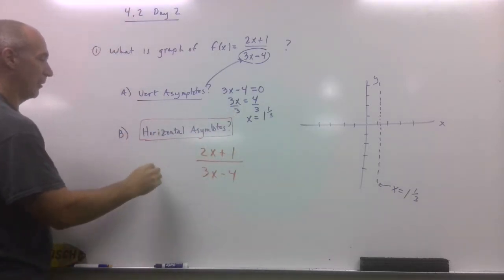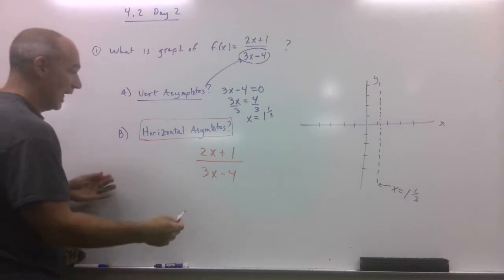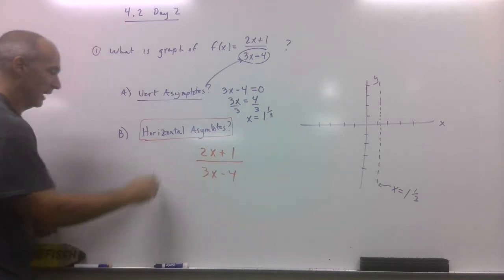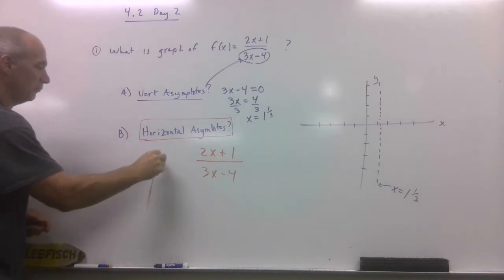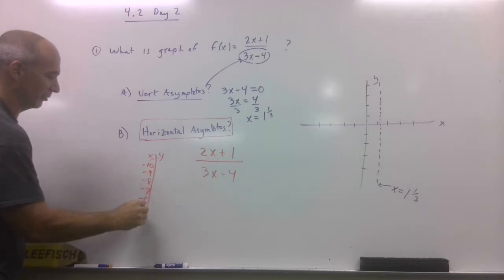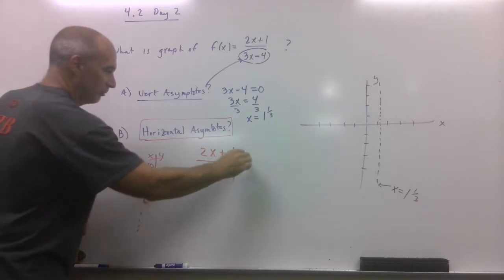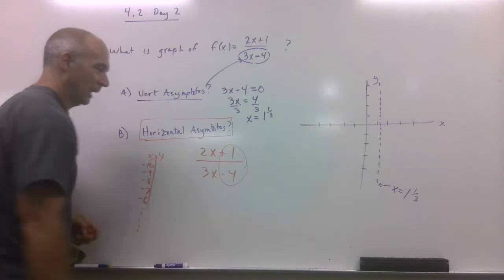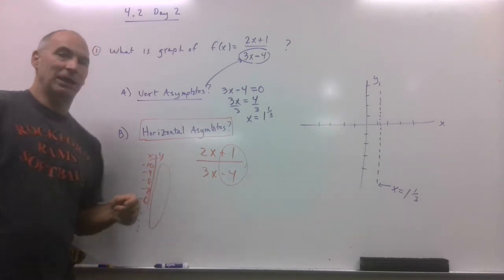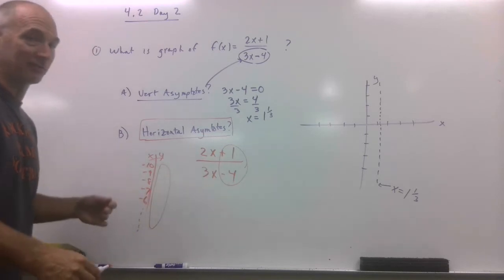So how do you do that? Well, if you plugged in a million numbers for x, like if you made a table, like -10, -9, -8, -7, -6, and you just kept going, this portion would not change the answers for y very much at all. So this is an approximation trick.